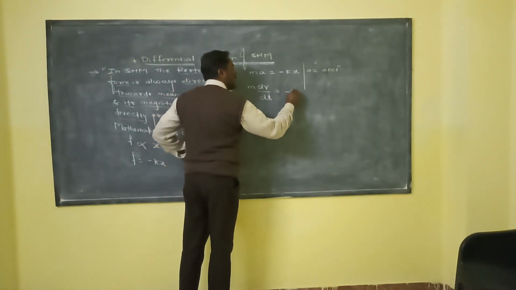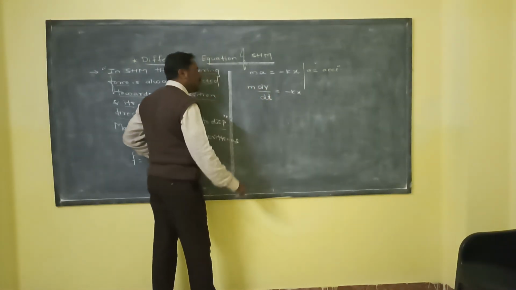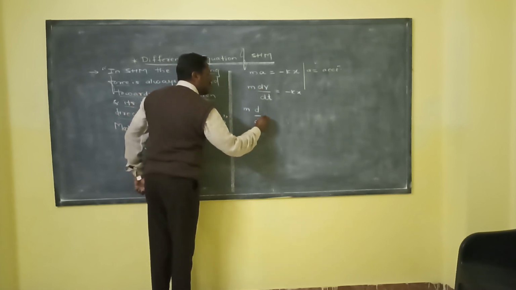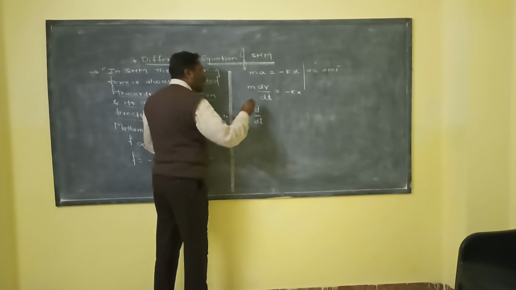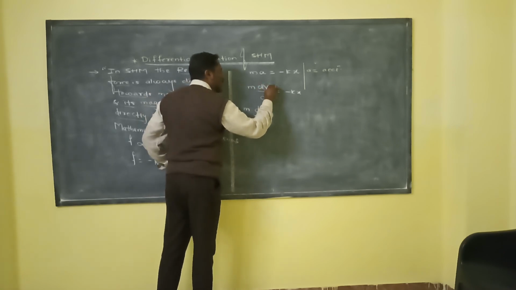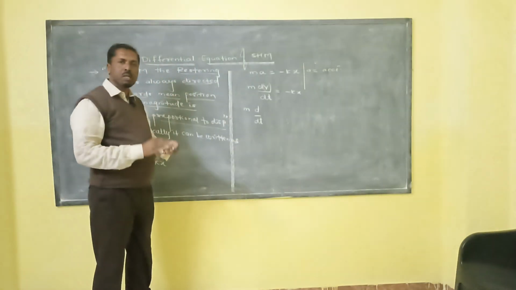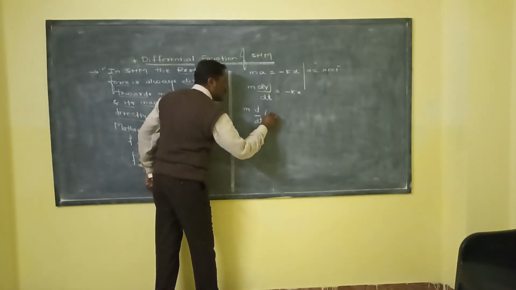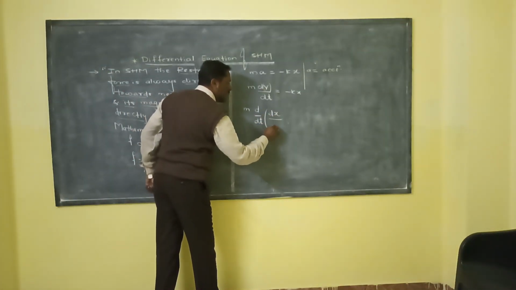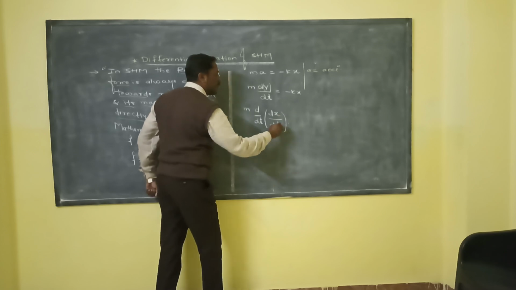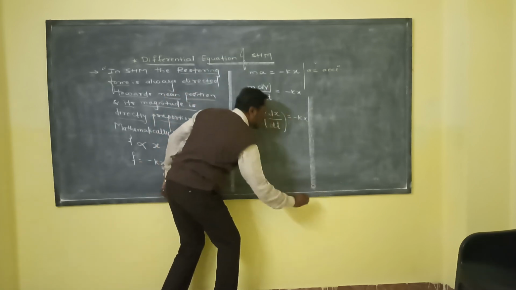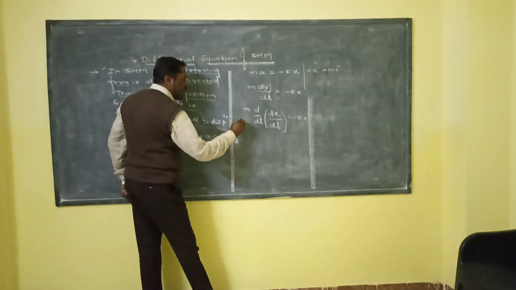So m into d by dt of v is equal to minus kx as it is. V is nothing but the velocity, and velocity is defined as change in displacement upon time. So we get m into dv by dt, equal to minus kx as it is.